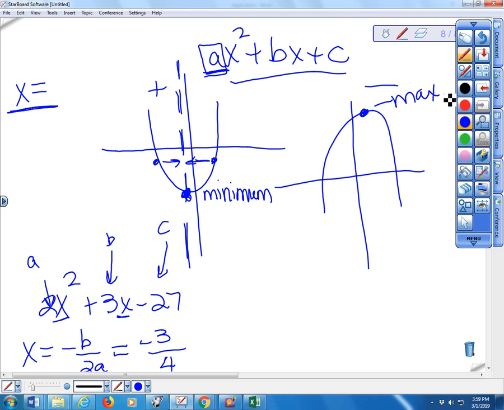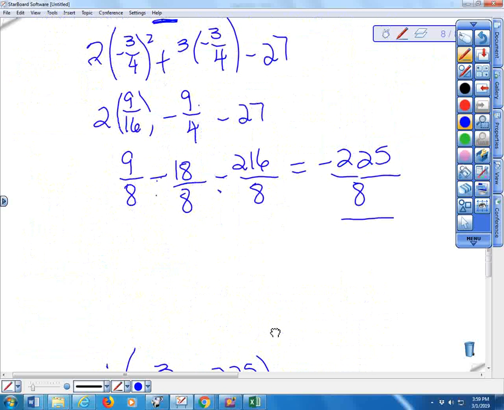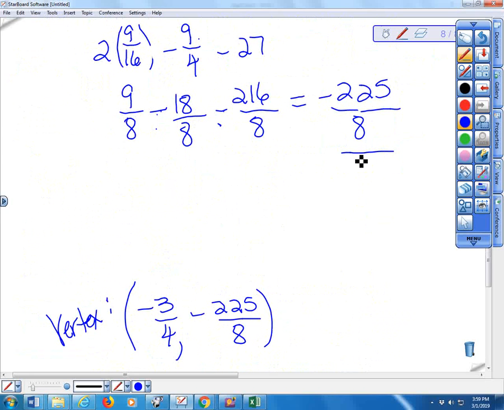That's the highest value of y. We've already identified that it opens up, so the y-coordinate of the vertex is my minimum value of this function. The y-coordinate of my vertex is negative 225 over 8, so it's a minimum, and it happens at y equals negative 225 over 8. The reason it's a minimum is because it opens up.